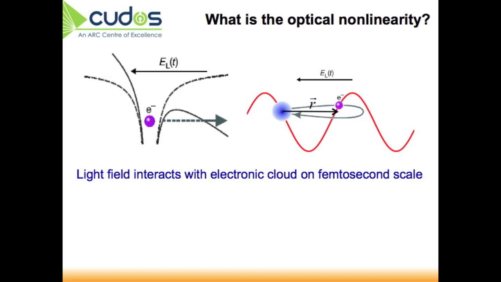Okay? The electromagnetic field is distorting the electron cloud. So at high intensities, when you send a light beam through this material, the electromagnetic field distorts the atomic structure, the electron cloud, and that changes the properties of the material, and it manifests as an increase in the refractive index.